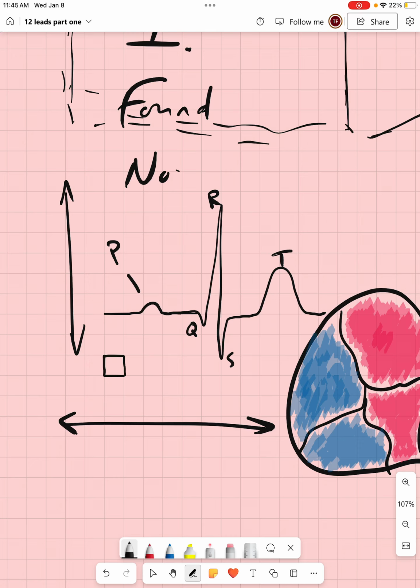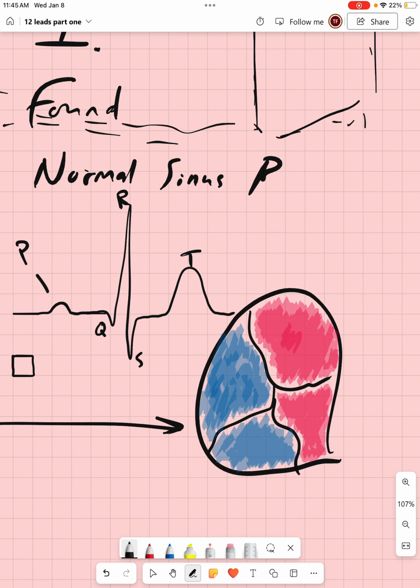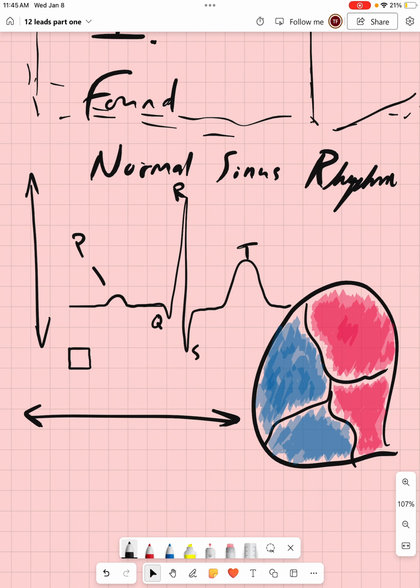I want to talk about our general normal sinus rhythm. Oh, that's not how you spell that word. Okay, our normal sinus rhythm here.